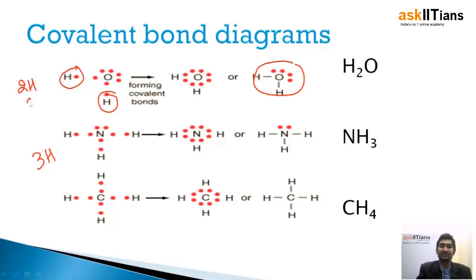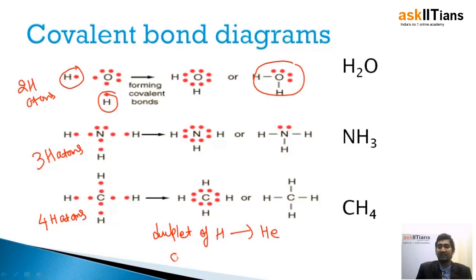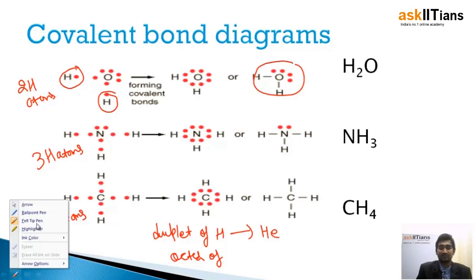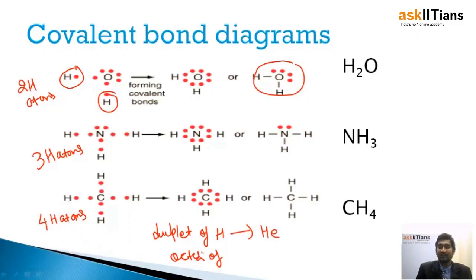Here 2 hydrogen atoms, here 3 hydrogen atoms, and here 4 hydrogen atoms, so that hydrogen gets a doublet like helium, and the others get an octet like neon.